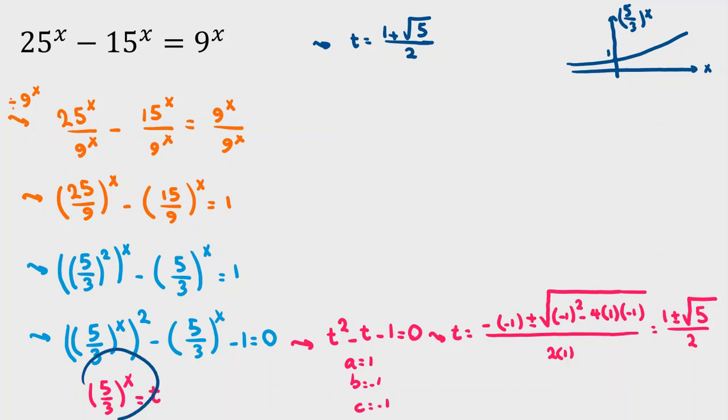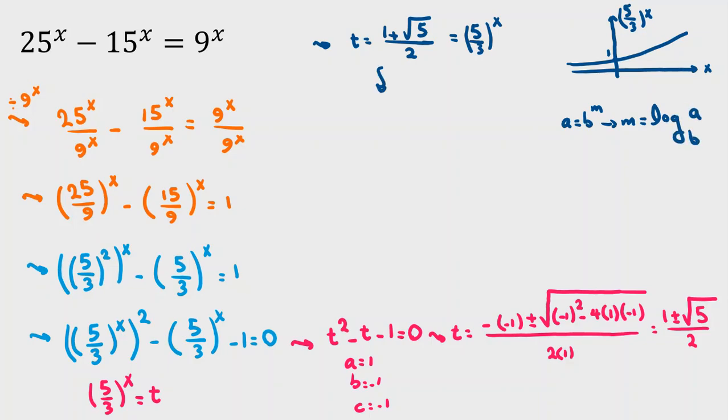And t is 5 over 3 to the power of x. Let me tell you something. Suppose a equals b to the m. So m, by definition of logarithm, is log b of a. Okay?